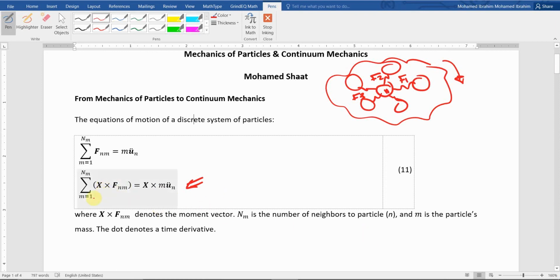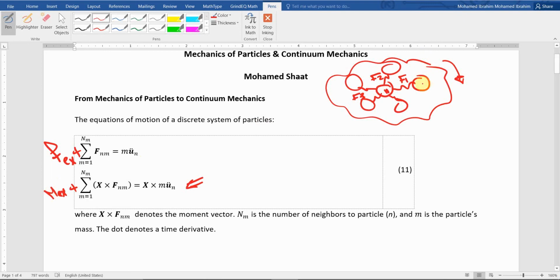because of these forces generated between them. Also, we said that in addition to this force, we may have some external forces, like F external, which would act directly over the particle. Also, we may have an external moment, which is either a direct effect due to the external force, or an independent moment.